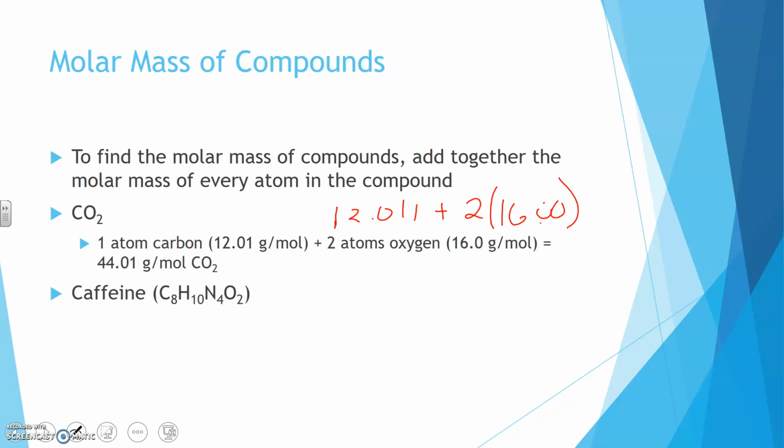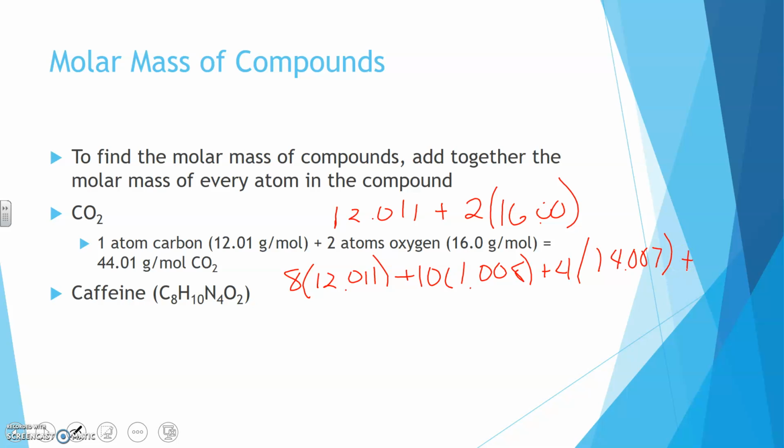Alright, so looking at caffeine, stepping it up here. So we have 8 carbons, which are still at 12.011. Now we have 10 hydrogens at 1.008. We have 4 nitrogens, and let me just double check that, it's 14.007.